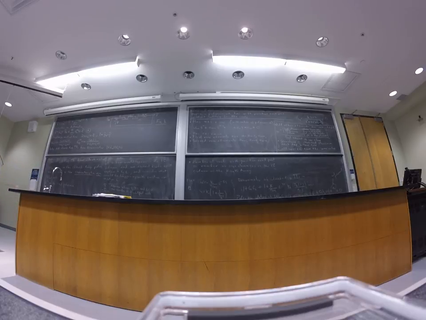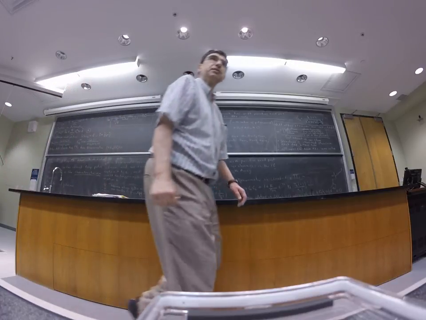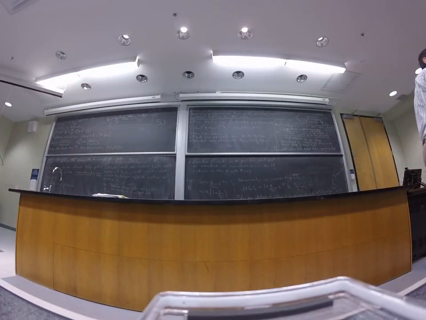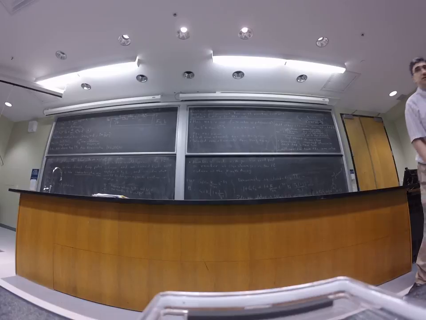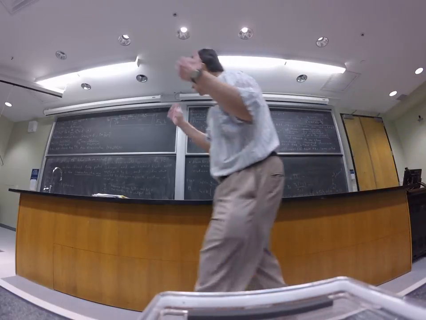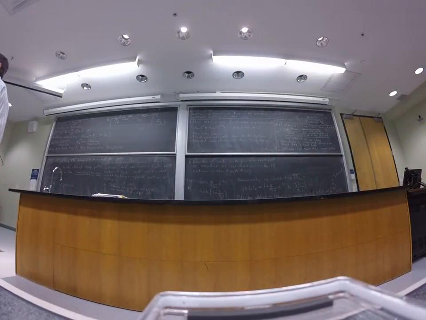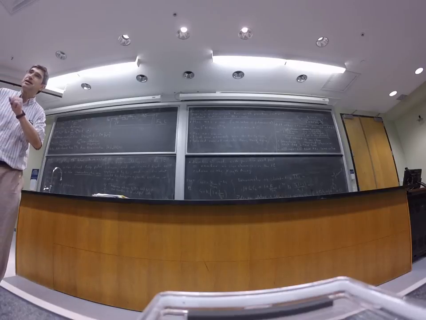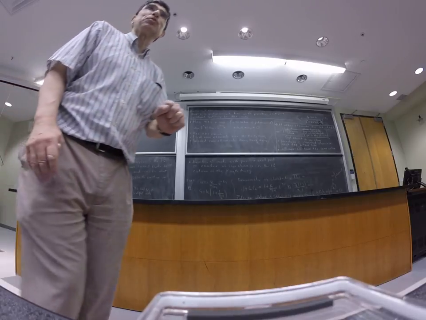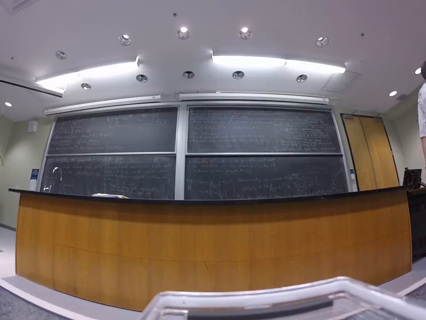Any ideas how we can approximate e to the minus ds to make it polynomial? Excellent. Great. That seems like a great idea, except it has an important problem. It has a serious problem.